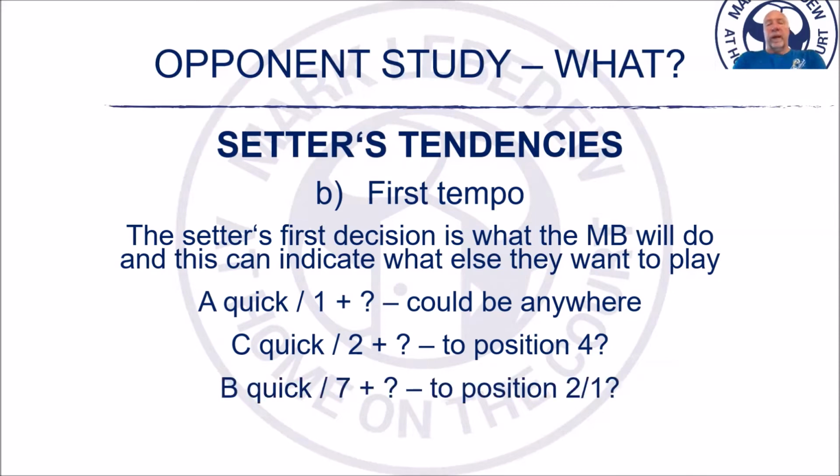And with the long quick, at every level, there are 2 possible situations here. One is to play back, where there's a big chance of a 1-against-1 block. And the other one that we saw a lot at the Olympics with the teams playing in the final, particularly France, is that they played with the long quick and over the top to position 4, to try to make the blockers jump with bad timing. So those are the different setter calls.